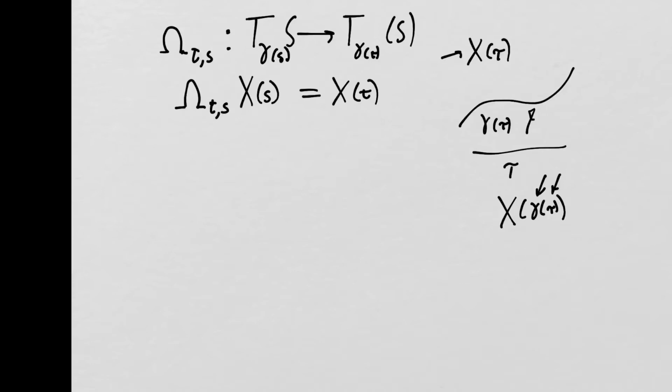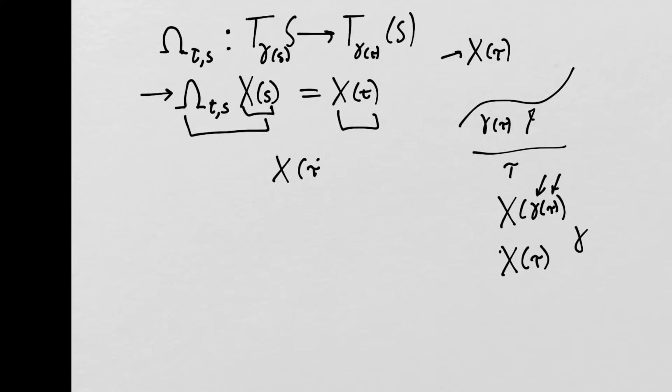So you can make the mapping γ implicit and just say x of τ, understanding that τ is the parameter for some curve, and that curve may even have a name, γ. I've seen some treatments that just leave the name out altogether. What we've done seems almost silly. It's like we've made a complicated version of x of t. But this operator is the parallel transport operator. When applied to x of s, it will give you x of t, where we understand that x of τ is really a vector field along a curve τ.